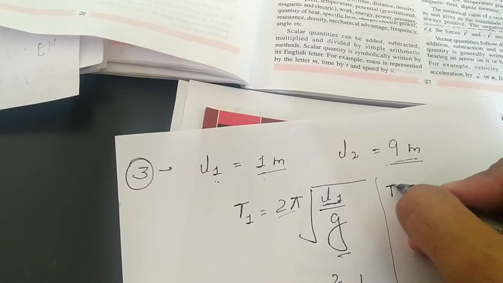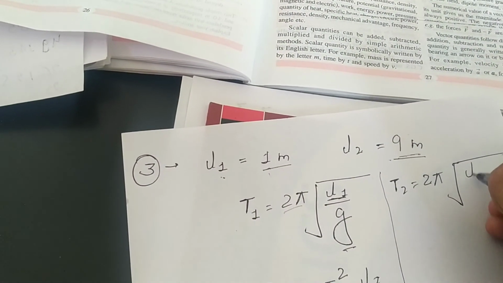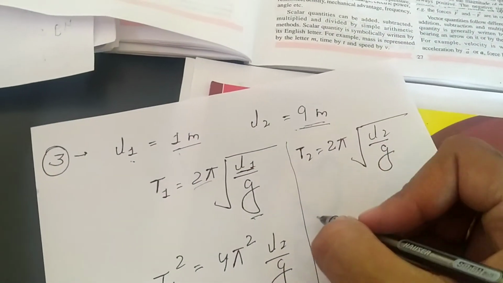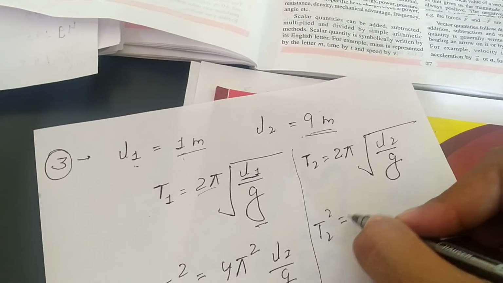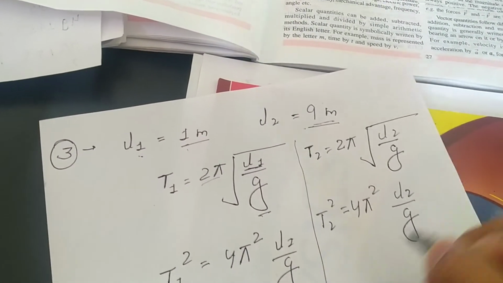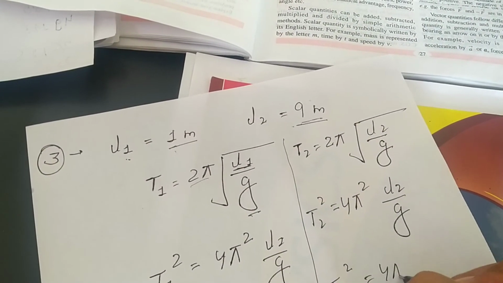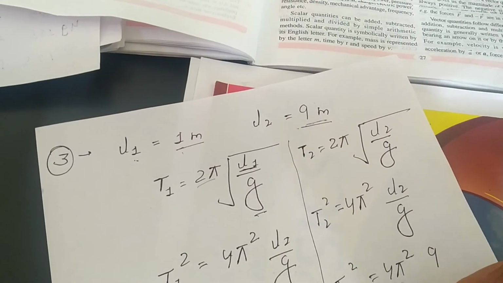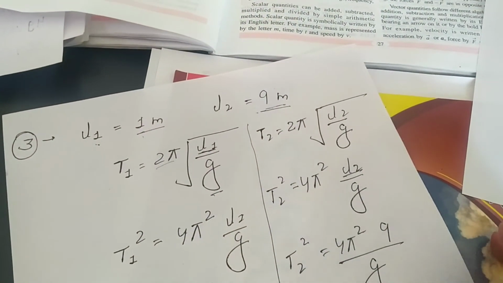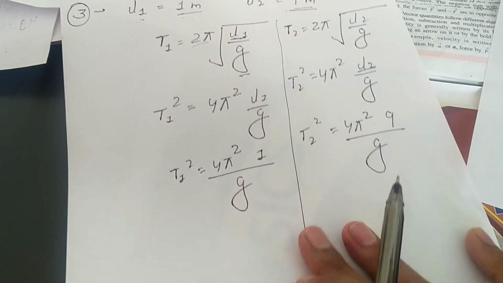Again you will put T2 equals 2 pi under the root L2 upon g. So T2 squared equals 4 pi squared L2 upon g. So T2 squared equals 4 pi squared 9 upon g, because L2 is given as 9. If you want to compare their time periods, you have to take out the ratios.